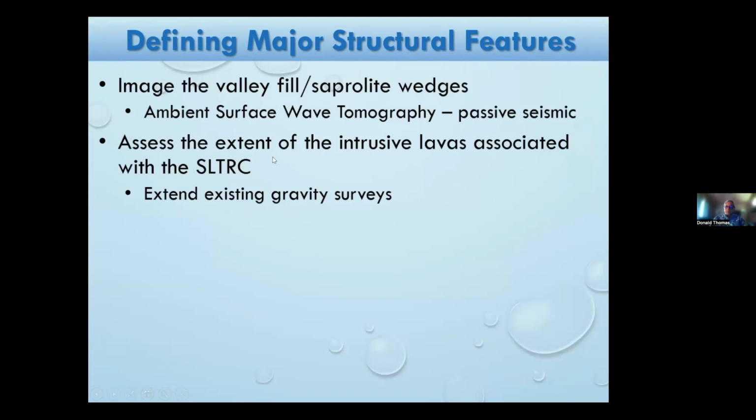The other technique that we want to apply is additional gravity surveys and try to better image the intrusive lavas that are associated with the Salt Lake Tuff Ring complex.